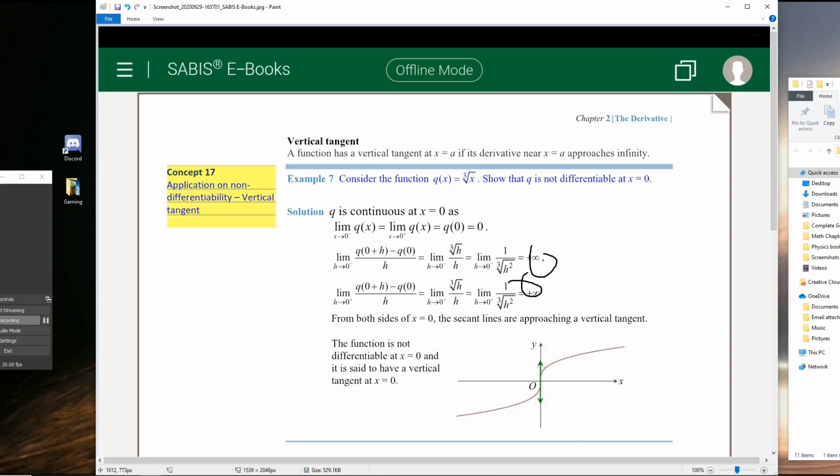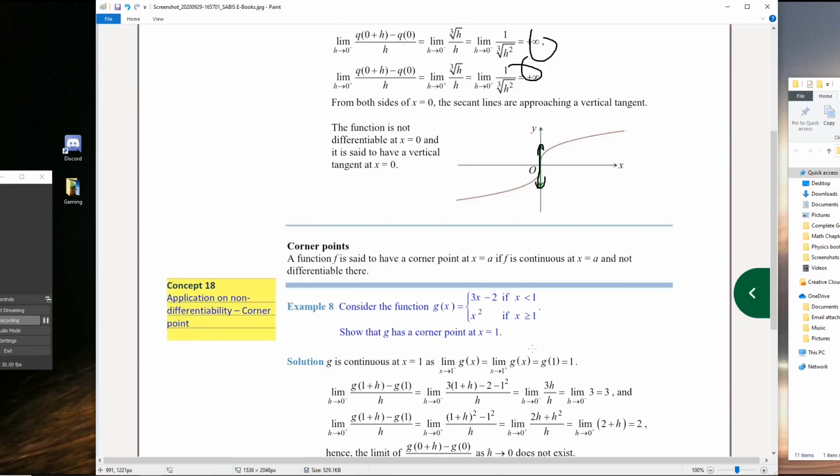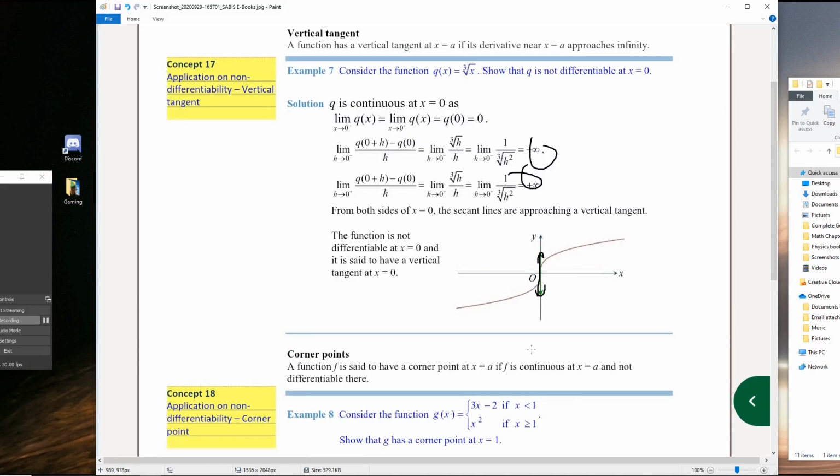Pretty much saying you have a vertical tangent, no less, no more. So it has an undefined slope, it's a vertical tangent. That's one important part, that there is a vertical tangent, but that's useless to us when we're talking about differentiability, because a vertical line has no slope that you can talk about. It's undefined. And so with that, we'll move on by labeling this as a vertical tangent example.